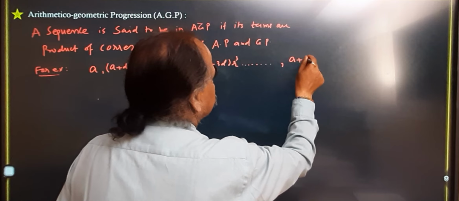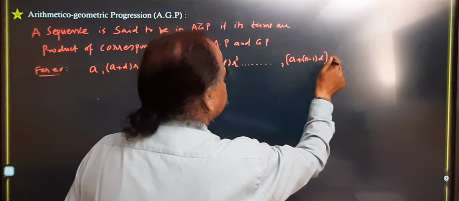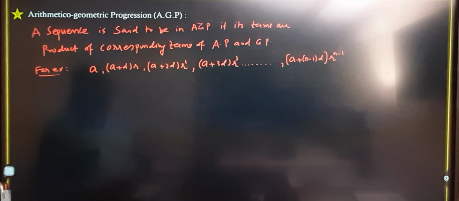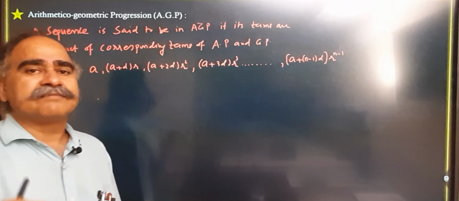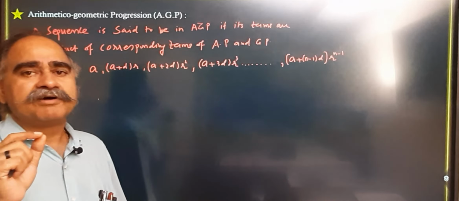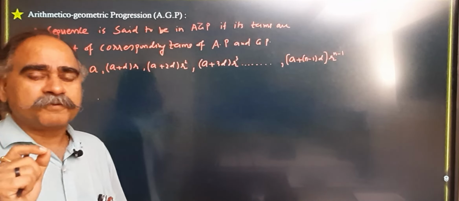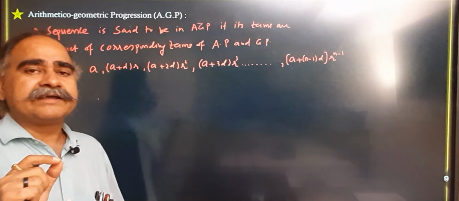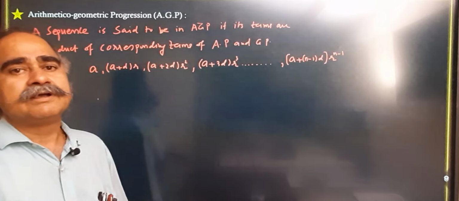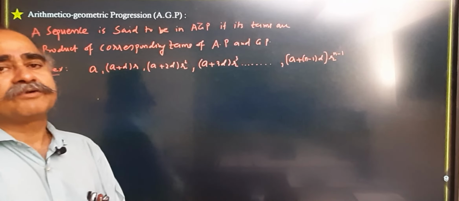A plus n minus 1 into D into R raised to n minus 1. So if you have to find out nth term of AGP, then first find nth term of corresponding AP and then find nth term of corresponding GP, multiply nth term of AP and nth term of GP, that will give you nth term of AGP. So this way we can find out nth term.